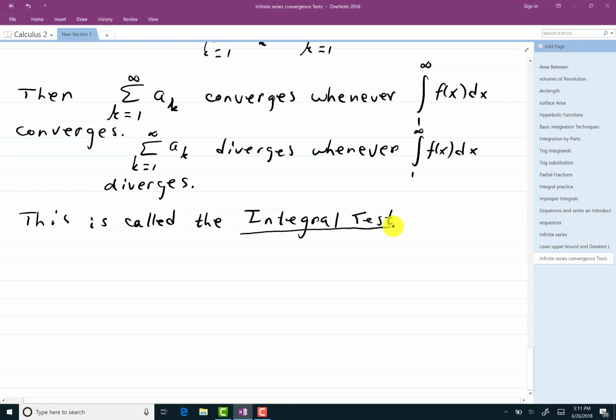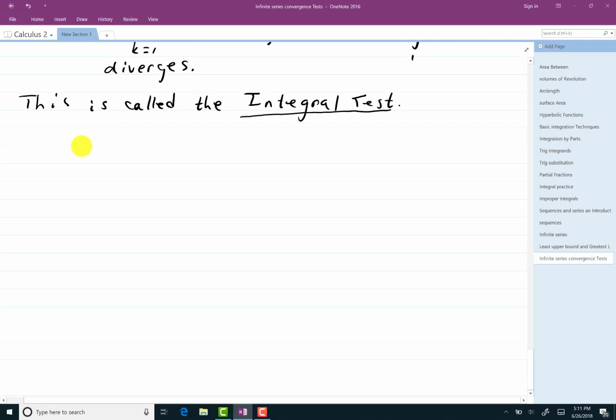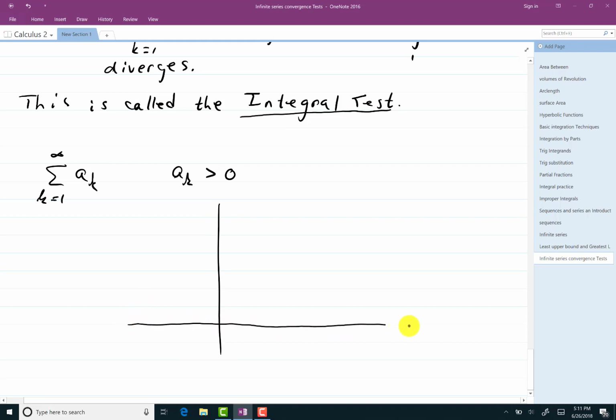And to understand how this works, a picture will be very good. So I'm going to do the same thing I did before. I'm going to start with this series, k equals 1 to infinity of a sub k. And remember, a sub k is the same as f of k. So let me draw a picture of f of x. And we know if this has any chance of converging, the f of k values have to go to 0.